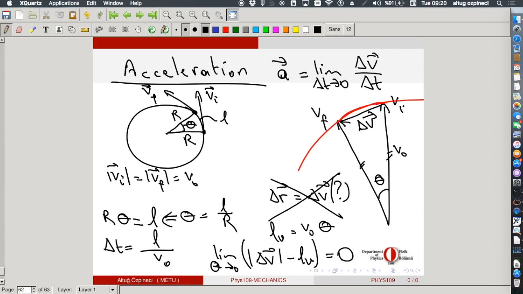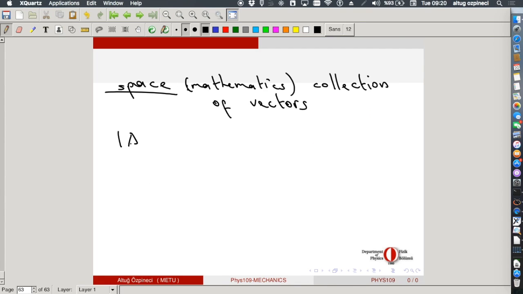They will have the same length. Now, of course, writing this doesn't mean that much because delta V will go to 0 and LV will go to 0, 0 by 0. But even this ratio will go to 0. So I can approximate delta V by LV. So delta V is approximately LV.